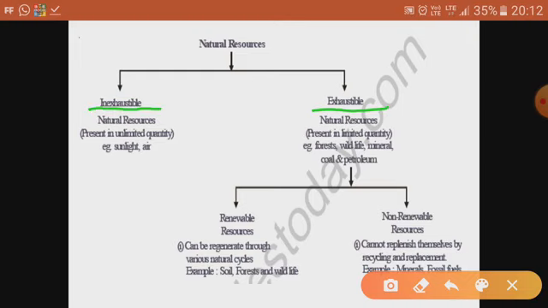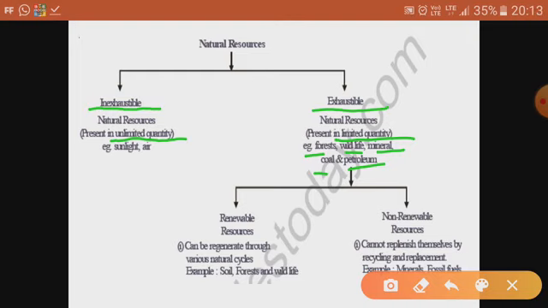Inexhaustible means they are in unlimited quantity and there is no worry of them getting exhausted. They will not get finished. But exhaustible natural resources are present in limited quantity, like forest, wildlife, minerals, coal and petroleum.